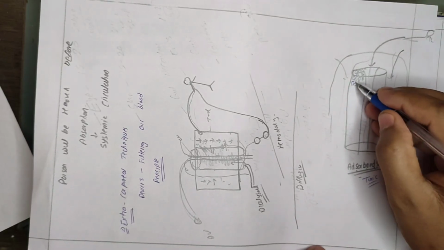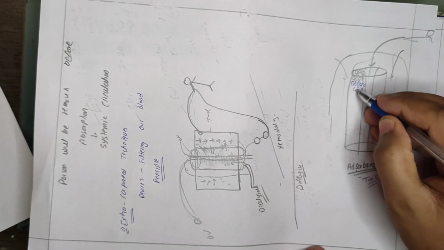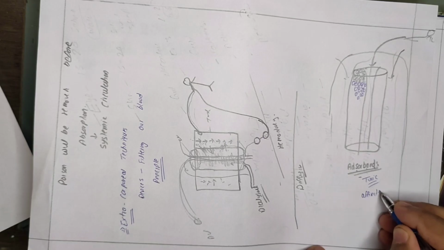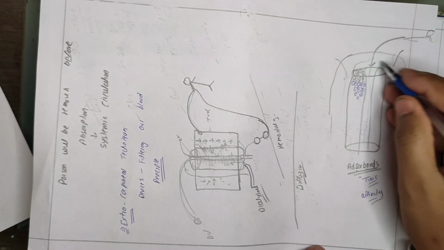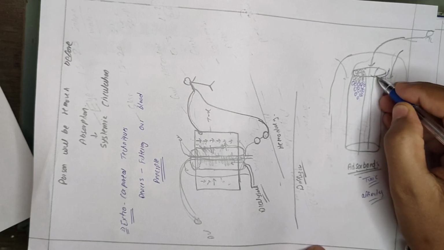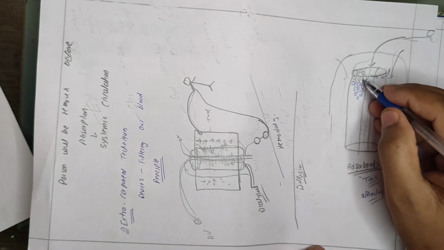Similarly, these adsorbents which are packed in these columns have particular affinity toward the toxic compounds. Due to that affinity, the toxic compounds from the blood will pass through the semi-permeable membrane and get adsorbed onto the adsorbent.